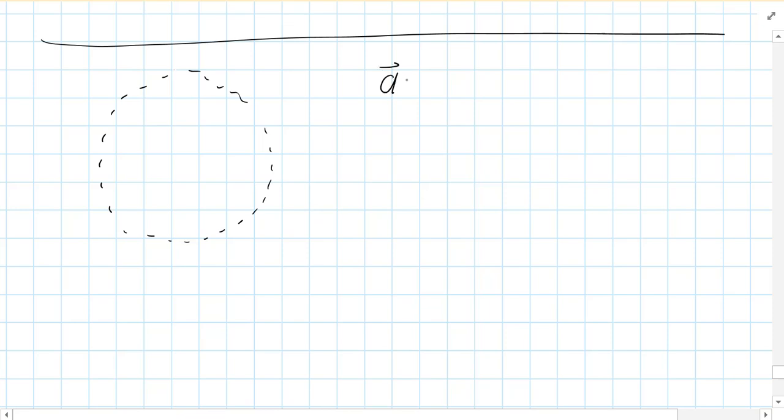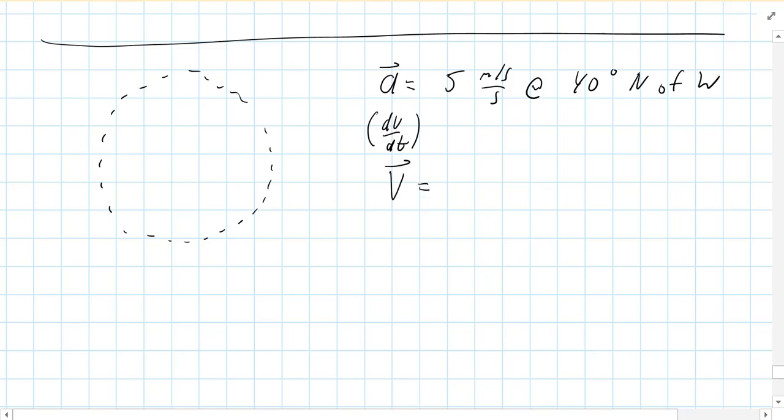I tell you that at a moment, the acceleration, aka dv/dt, same thing, is 5 meters per second squared at 40 degrees north of west. And I also tell you the velocity at the moment I'm interested in is negative 20 i hat meters per second.